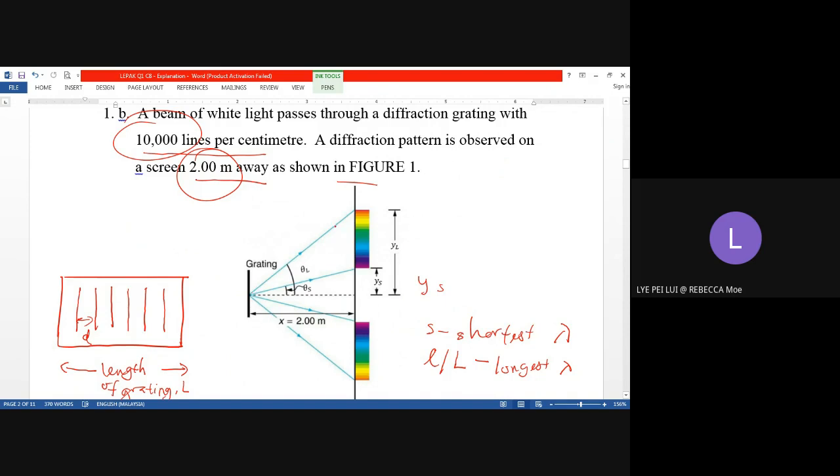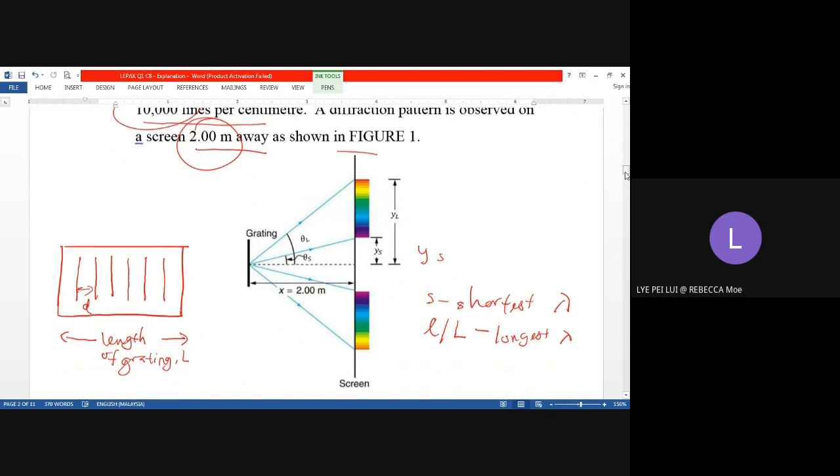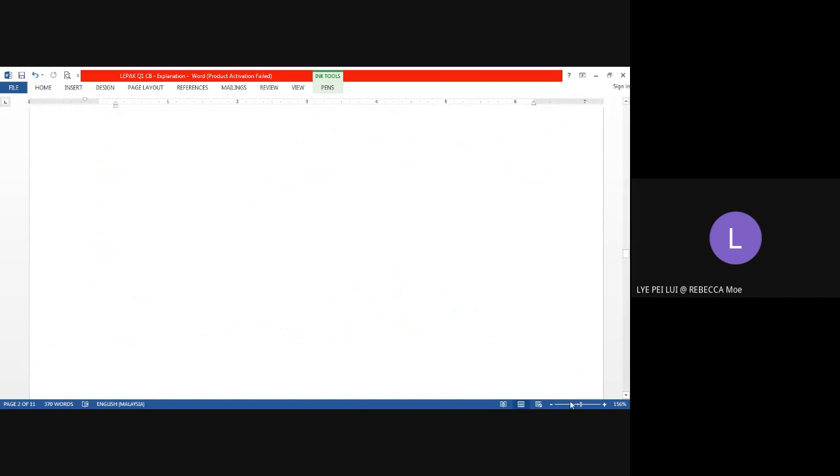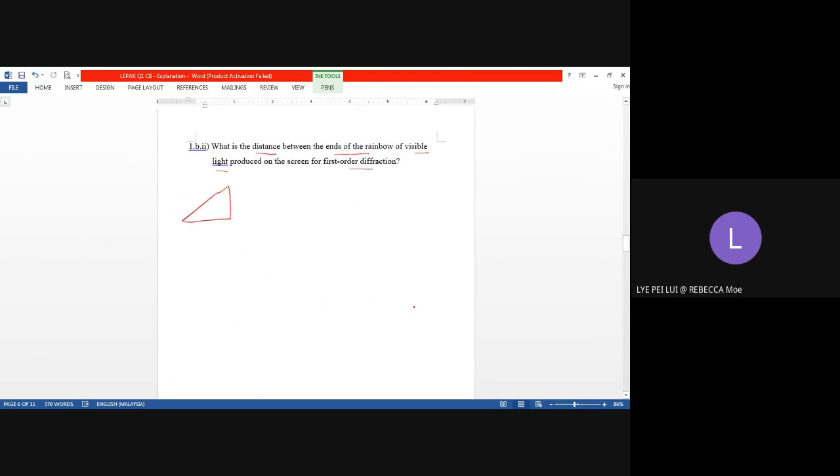If you draw the right angle triangle, I draw for both, the longest and the shortest. First I go for shortest, lambda shortest, theta shortest, this one, right? So I have the right angle 90 degree.